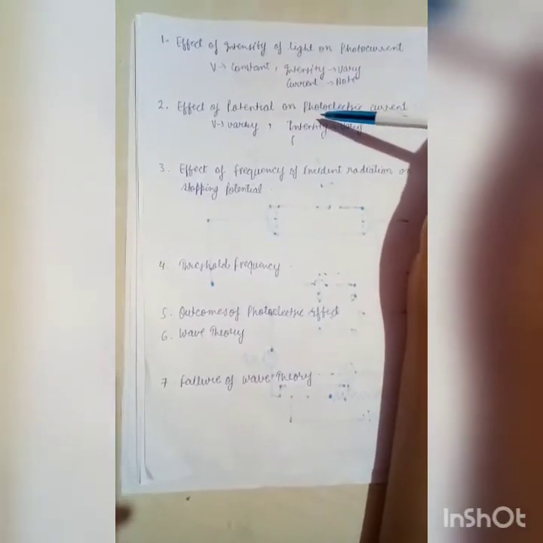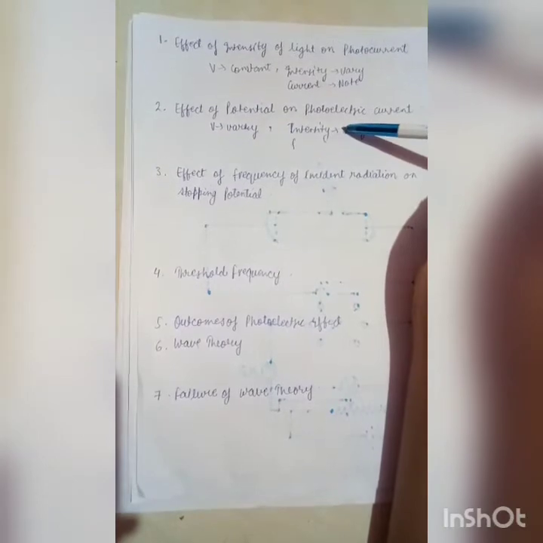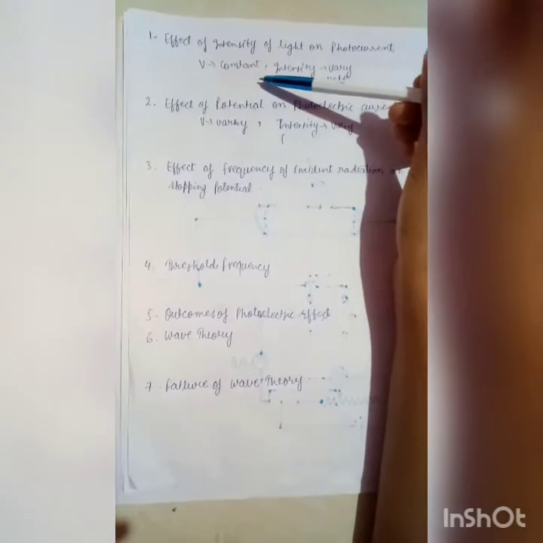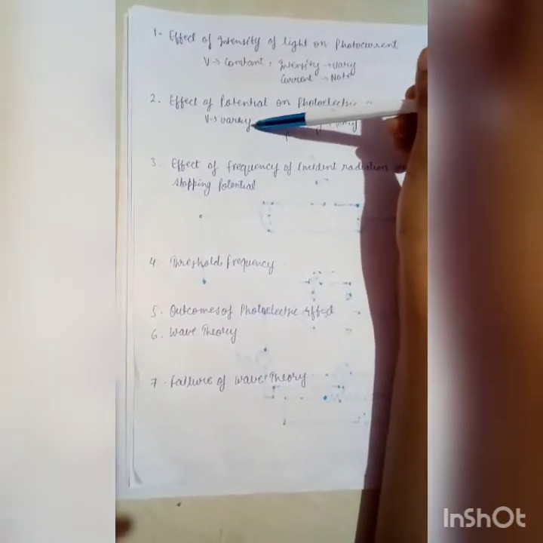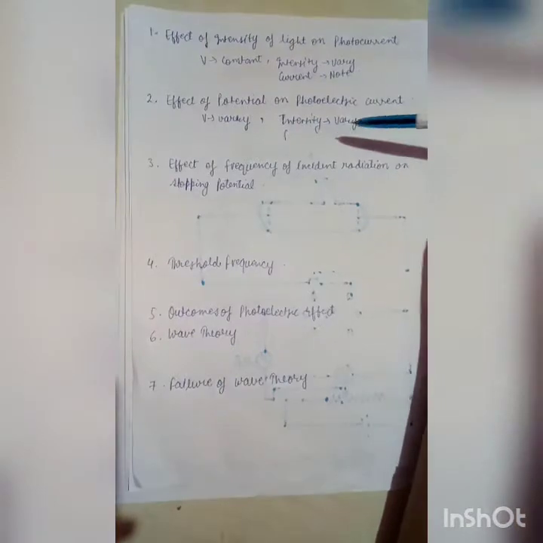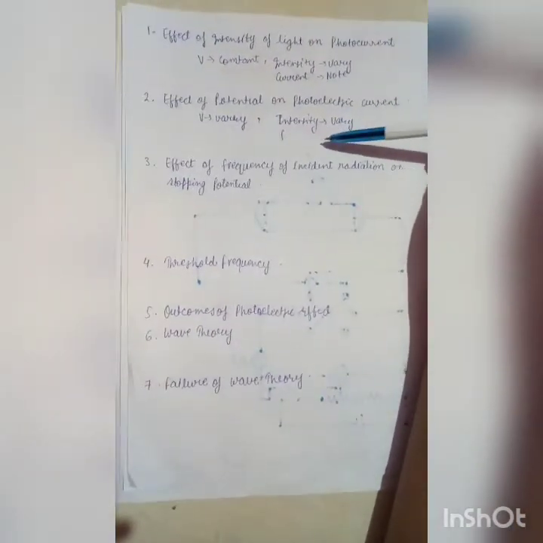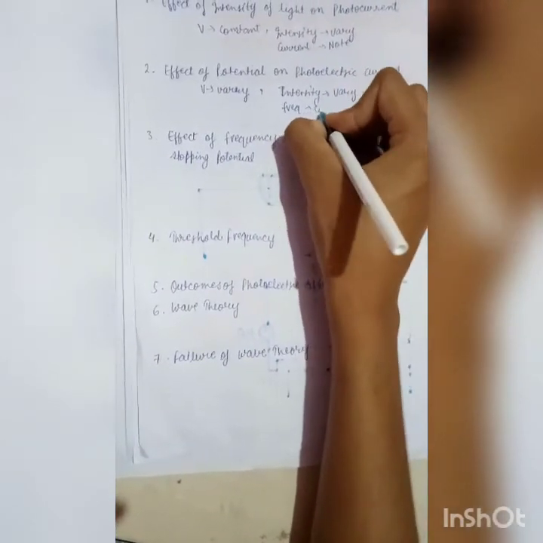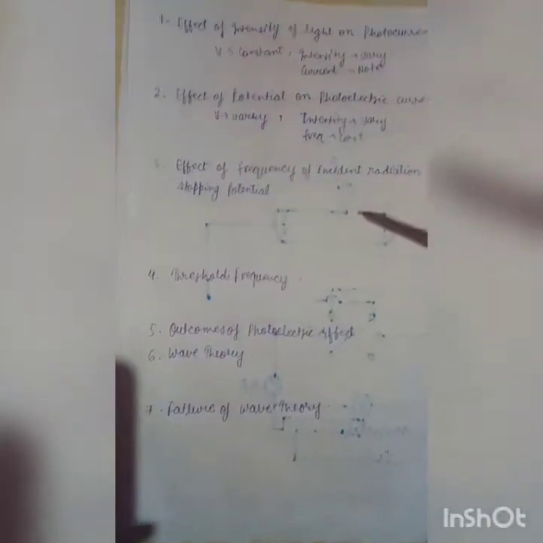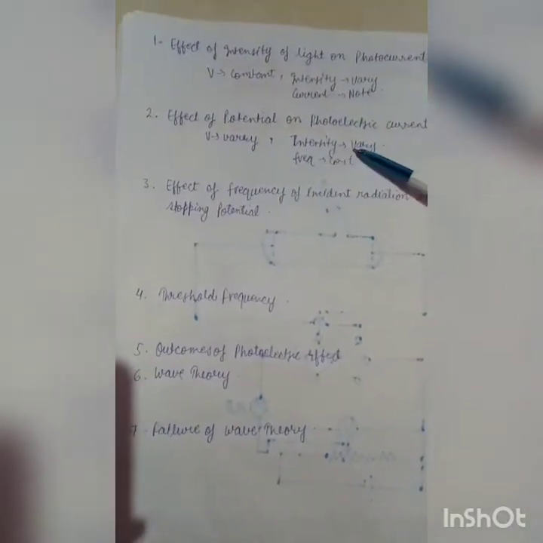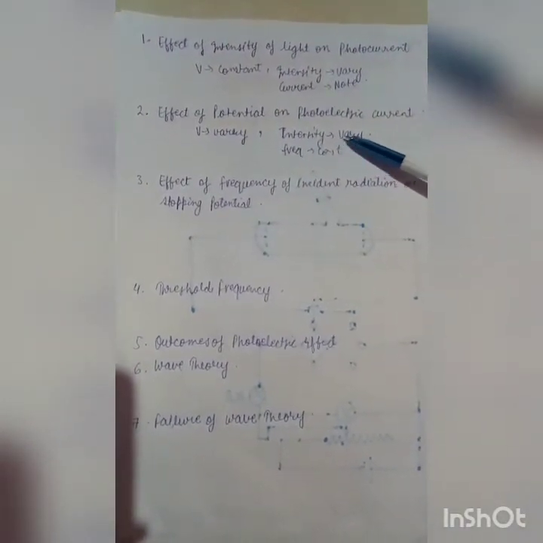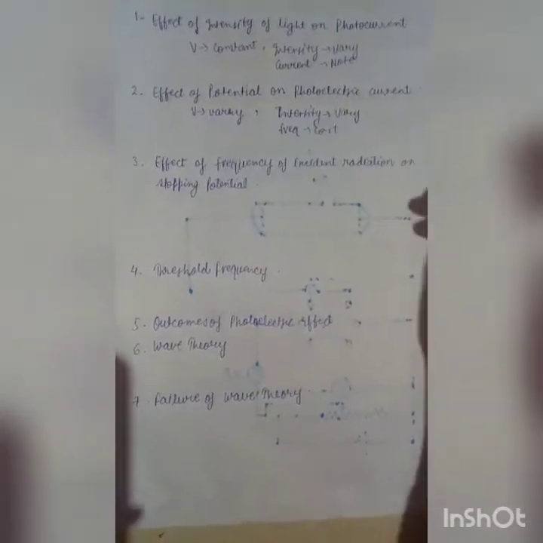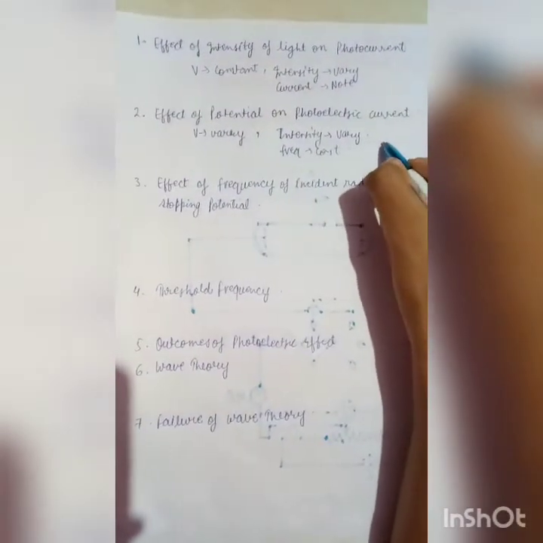Secondly, we are going to discuss the effect of potential on photoelectric current. In the above section we kept the voltage at a constant value, but here we are going to vary the potential, and also vary the intensity while keeping the frequency constant. We will note the effect of both of these on the collector plate potential.